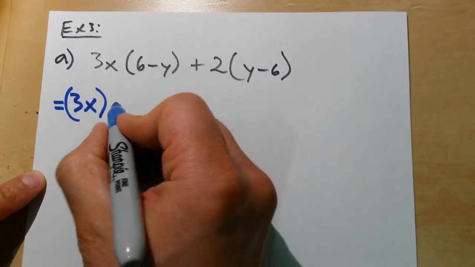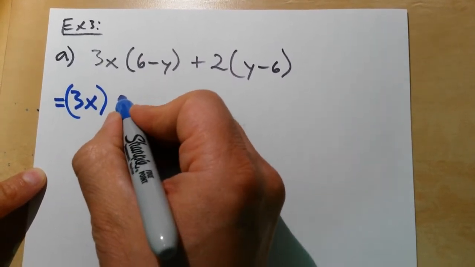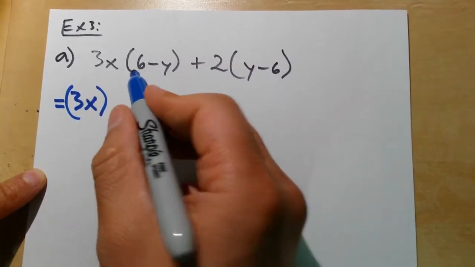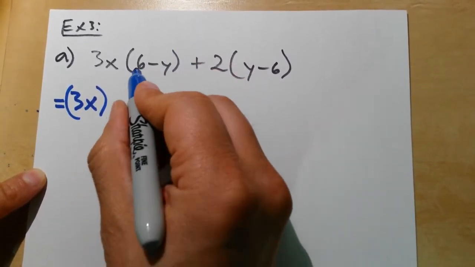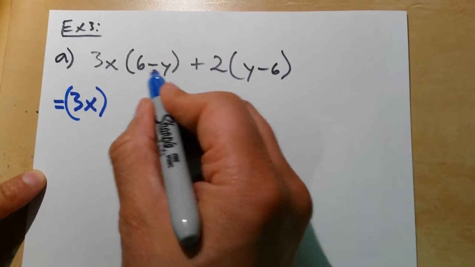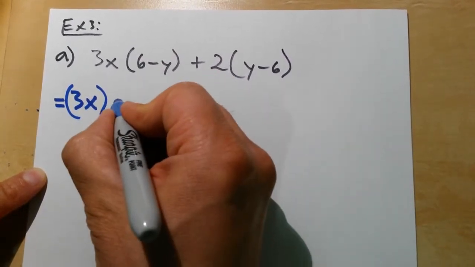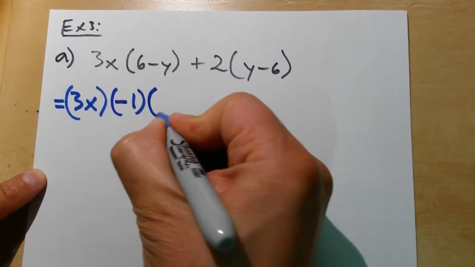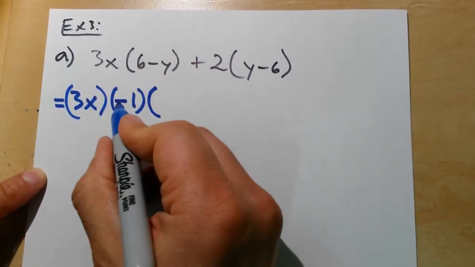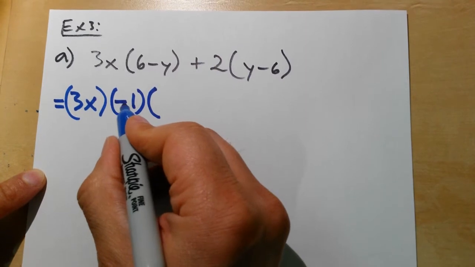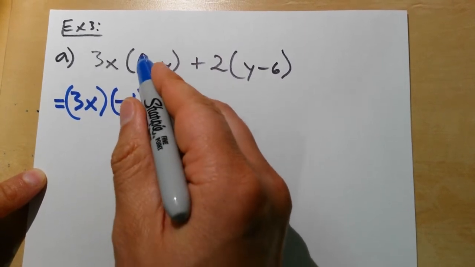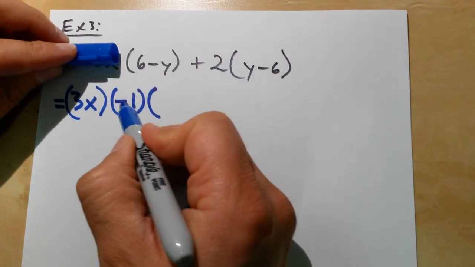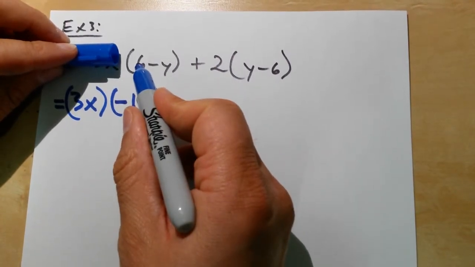So let's factor out the negative 1. In other words, 1 is always a common factor for every term, but also negative 1 is a common factor for every term, every expression. So let's factor out the negative 1. Open bracket. So here, what number do we need to multiply negative 1 by in order to get positive 6?